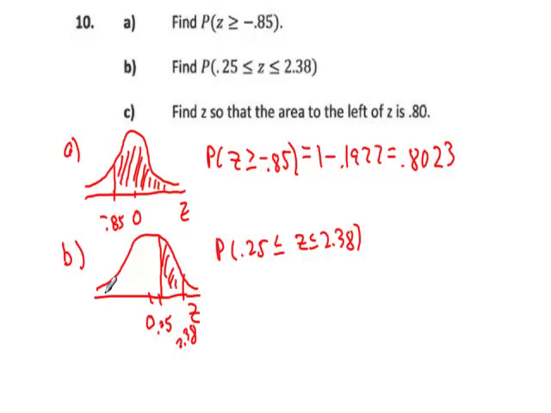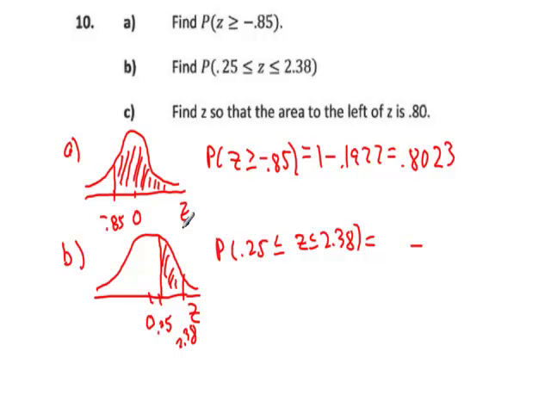This is way too much. So what we'll do is we'll look at that number first and then subtract off the area to the left of the 0.25. What will be remaining is exactly the area we want. So anytime we have z in between two numbers, we always end up subtracting the probabilities, starting with the larger z value first.